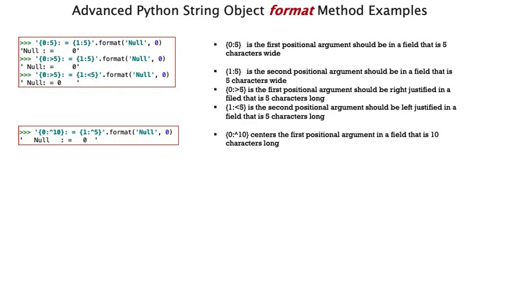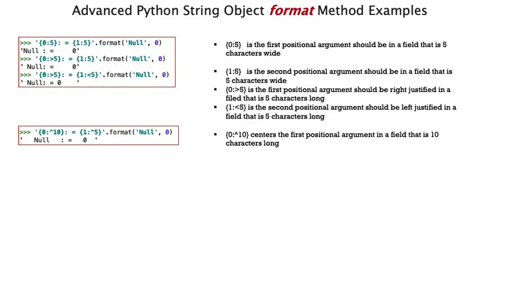It's the second positional argument, again in a field of 5 characters long. So you see what gets printed out is null, which is the string that is in the first position, or the 0 position in the format method, and then a 0. Null, colon, equals, and then 0. And both those things, both the first and second positional argument, the 0 and the 1, are in their own individual fields that happen to be 5 characters long.